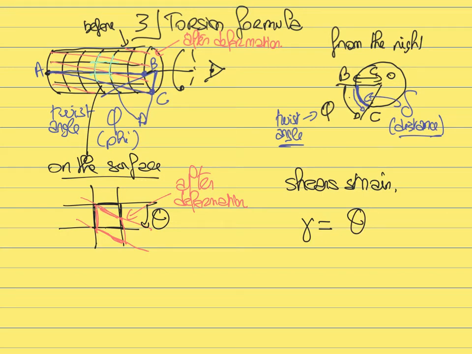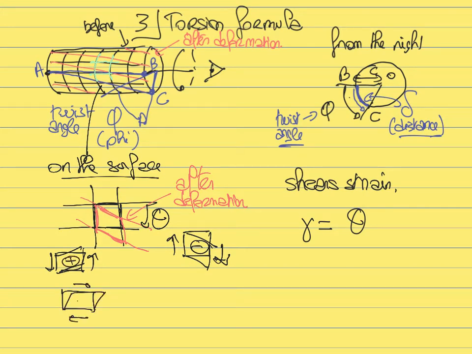The only thing to be careful about here is that you have a deformation like this, which, when we defined the shear strain, we said is a negative shear strain. As a reminder, a positive shear strain is either a deformation like this, or a deformation like this.